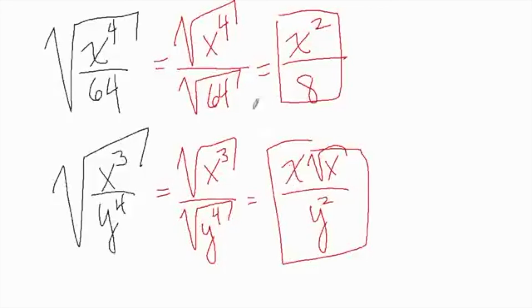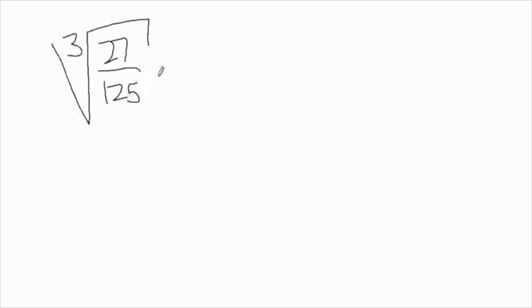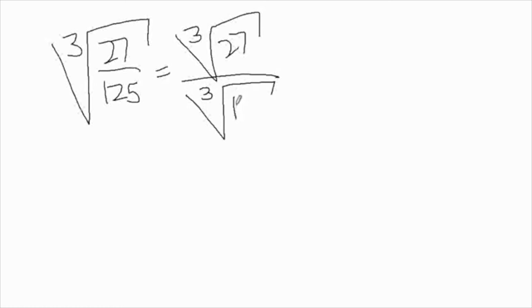All right? And remember that this formula applies to other roots besides square roots. So for example, the cube root of 27 over 125 is equal to the cube root of 27 divided by the cube root of 125, which gives 3 over 5.